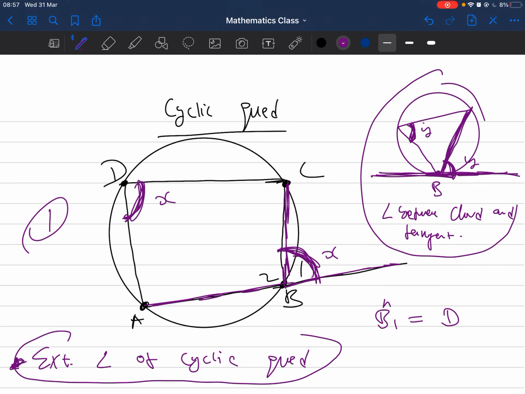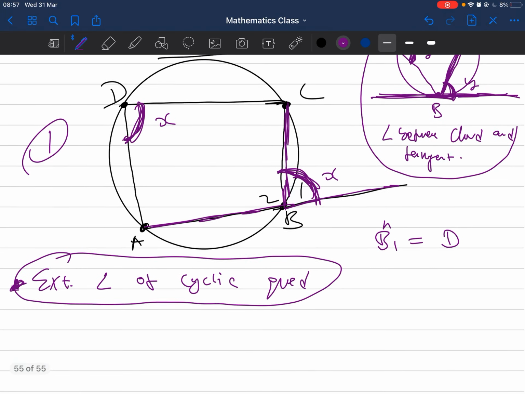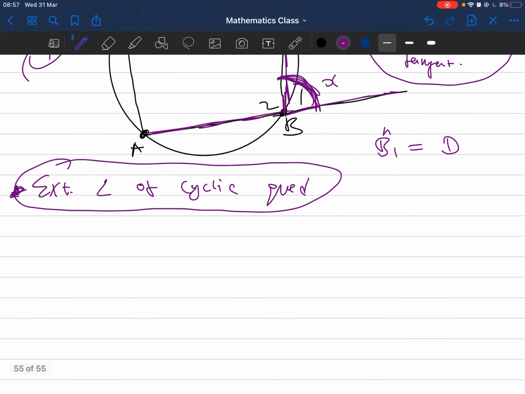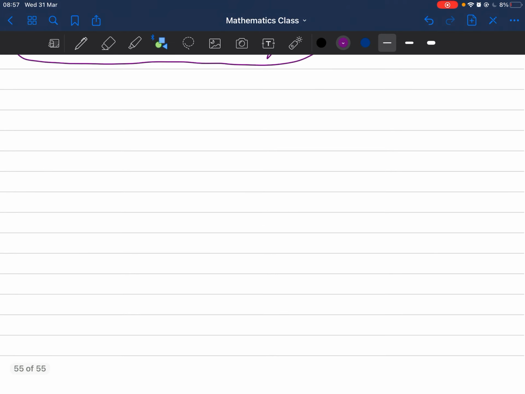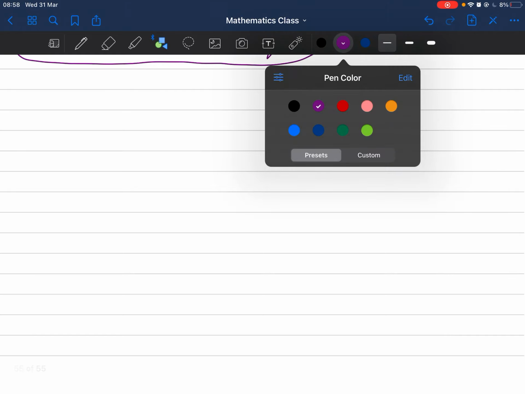And then the reason you can just write this way: exterior angle for cyclic quad. Simple, straightforward. Let me give an example. An example will put things into perspective, I guess.